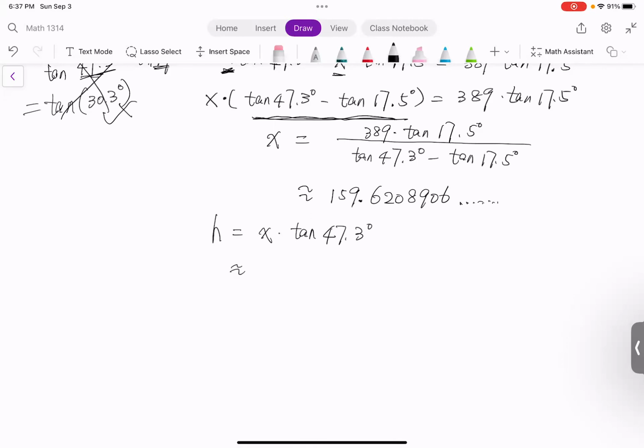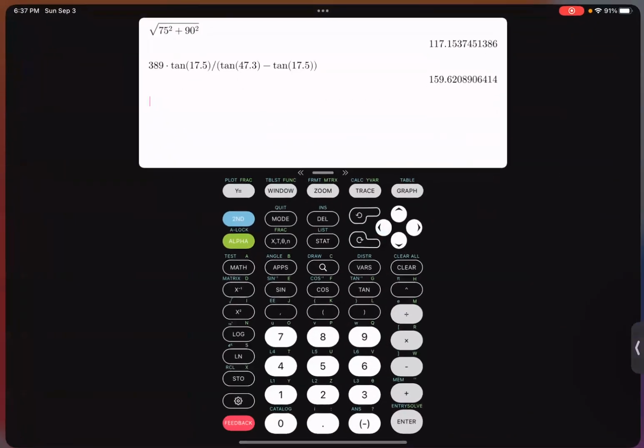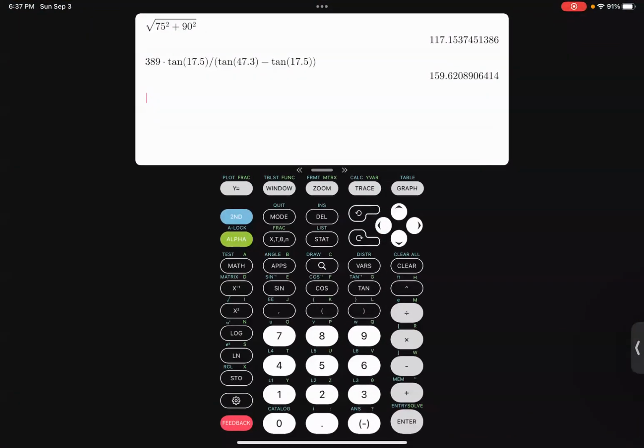I have found the x value. Then let's do the multiplication. Multiply by tangent 47.3, this is degree, close the parentheses, hit enter. And now this is the value of h.